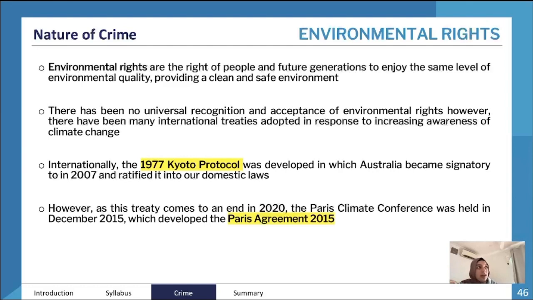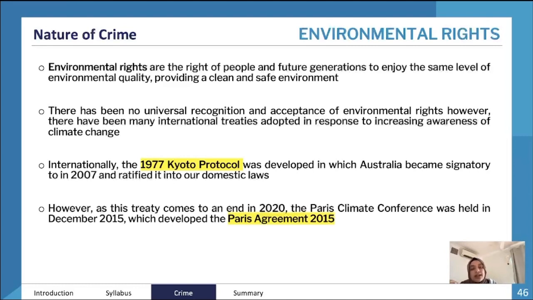We also had domestic legislation when I believe the Gillard government was in power, which was a carbon tax, but that was removed by the government that took over after her. So basically anybody who went above a certain amount of emissions would have to pay carbon tax.